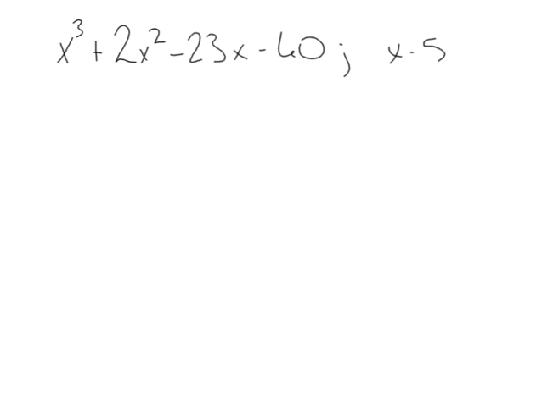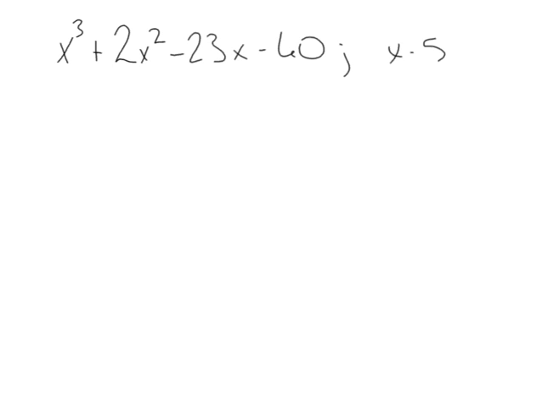We had x cubed plus 2x squared minus 23x minus 60, and the factor they already gave me was x minus 5.